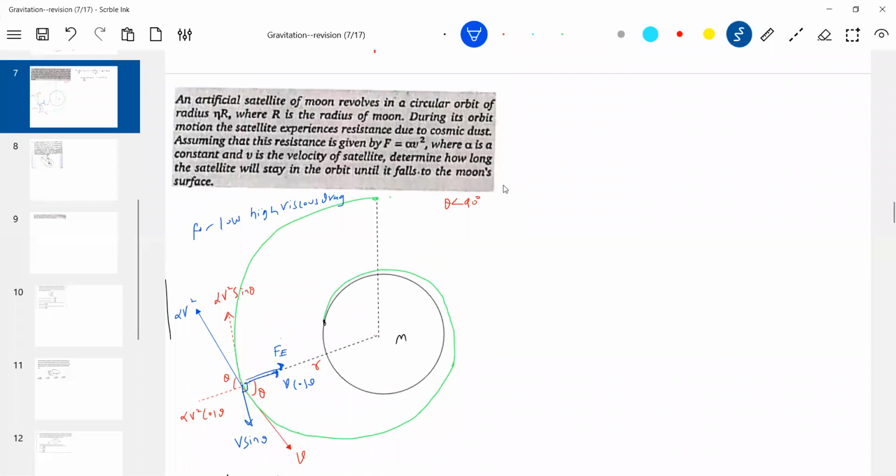For low viscous drag, we'll see that one. For low viscous drag, V will definitely be perpendicular to R. The problem will become very simple. It's going to go in a spiral.